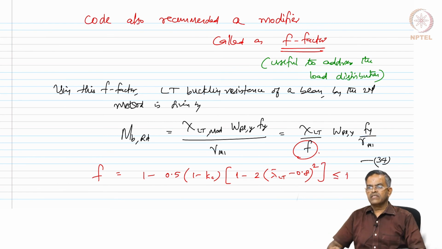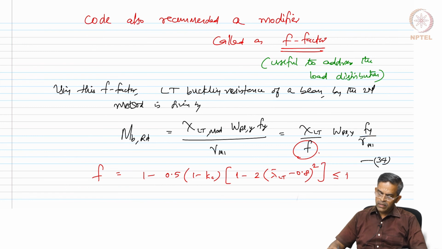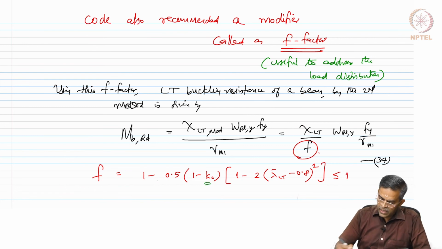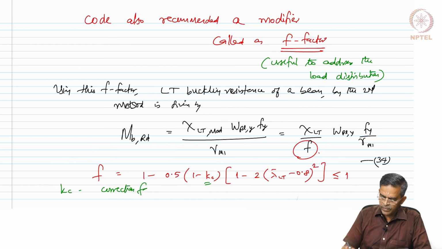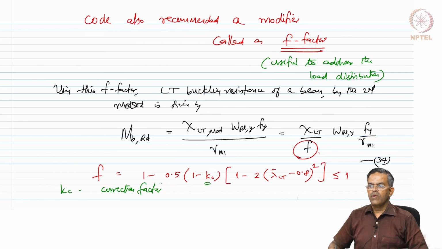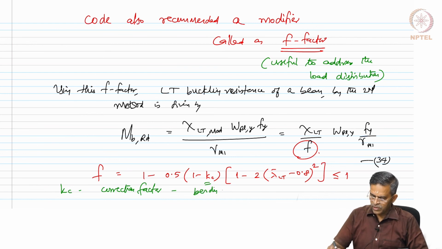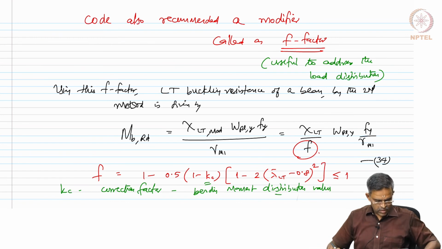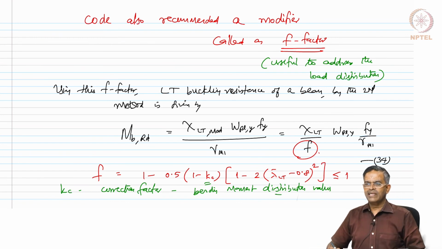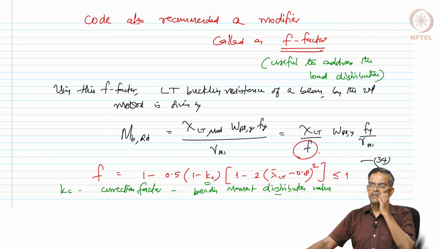It is a reduction factor. In this, Kc is called the correction factor. What does it correct? It corrects the bending moment distribution value. Depending upon the bending moment distribution pattern, this factor is recommended.